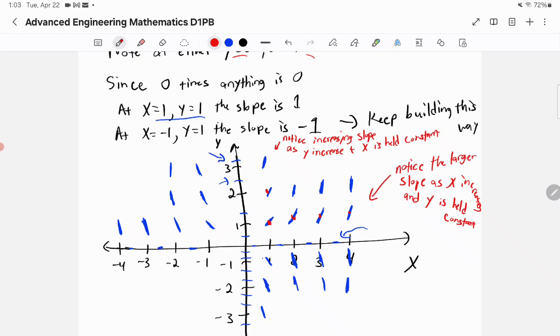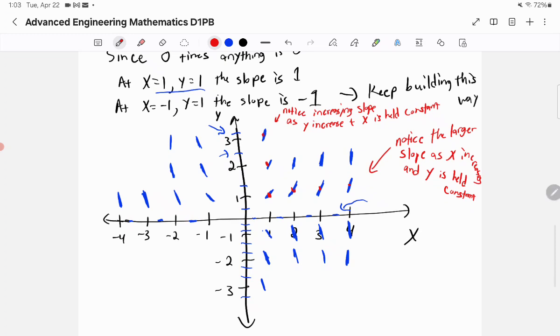And similarly, along this axis where I'm holding x constant, I should see as I move up the y-axis that it gets larger. Now over on this side, I'm going to have a negative slope, because one of the values is always going to be negative, which is x, and one of the values is always going to be positive, y.